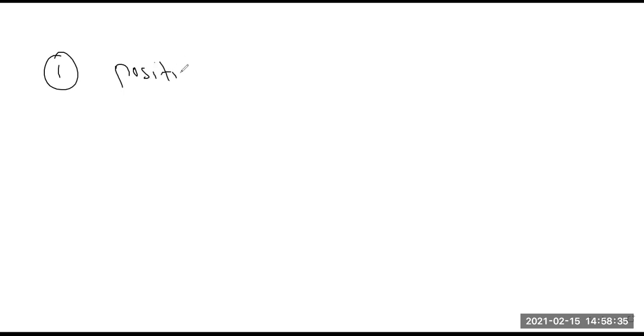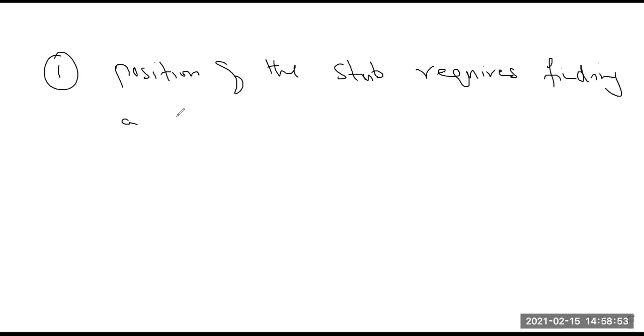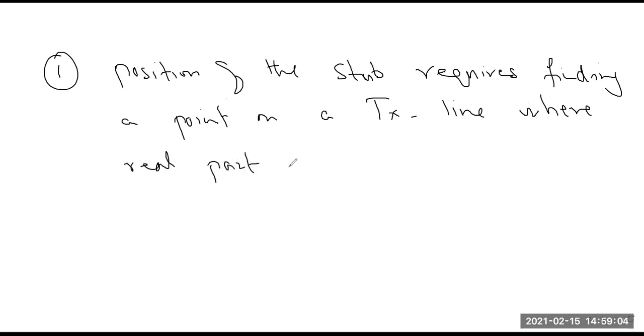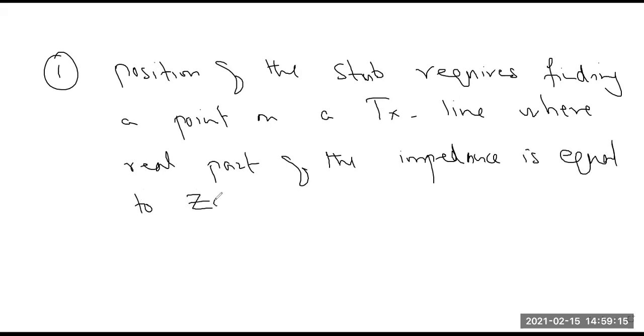Position of the stub requires finding a point on a transmission line where the real part of the impedance is equal to z0.